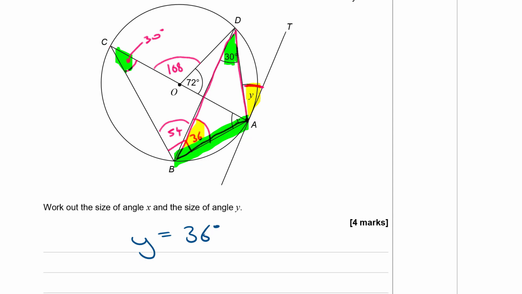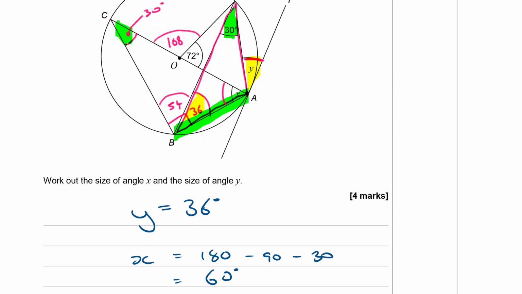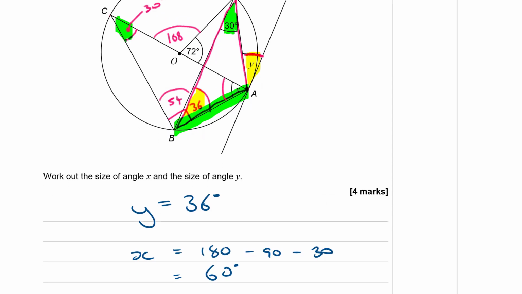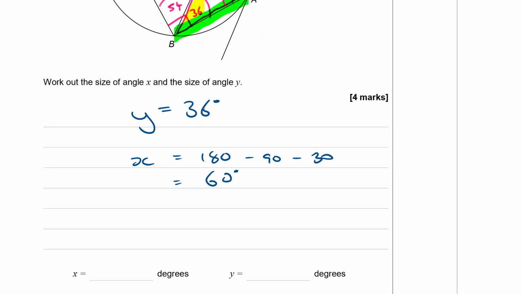So then using my right angle triangle, I can work out that this one, x, is going to be 180 minus my 90 degrees minus my 30 degrees. So that makes it 60 degrees. x is 60. So write that below the line, x is 60. So just writing those answers in the box, 60 and 36.